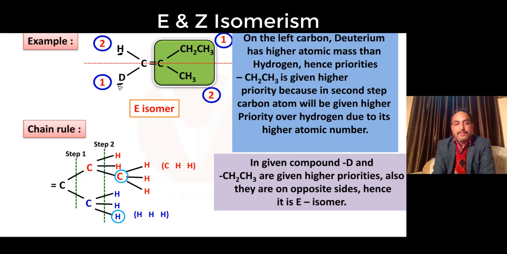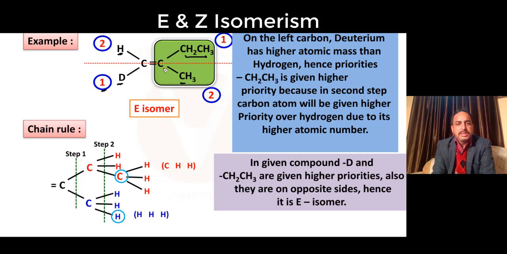So more preference is given to deuterium. Deuterium will be assigned 1 and hydrogen will be assigned 2. Similarly, on the right hand side, there is one methyl group and the second group is an ethyl group.